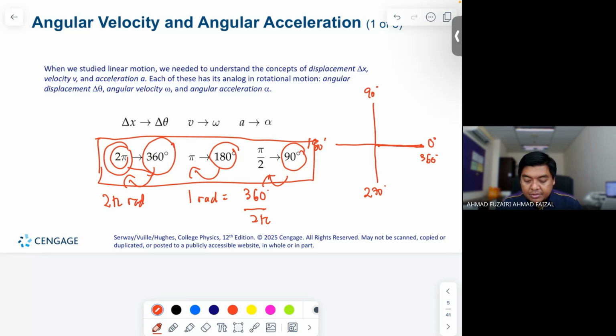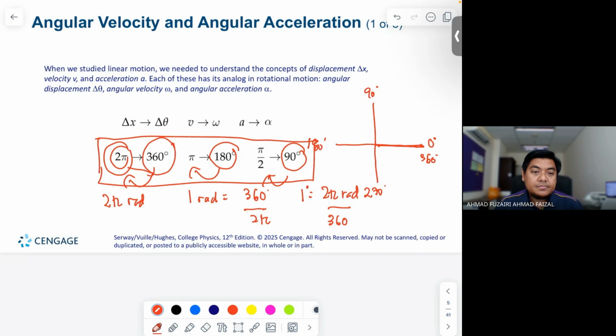Of course, now we want to know what is 1 degree. So 1 degree is equivalent to what? It's equivalent to 2 pi radian divided by 360. So it's the reciprocal of 1 radian, which means 1 radian is 360 degrees divided by 2 pi, and at the same time 1 degree is equivalent to 2 pi over 360.